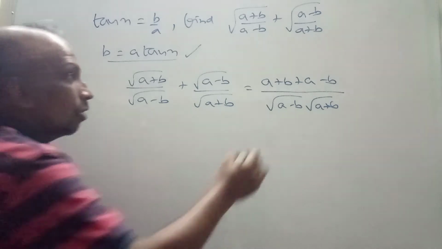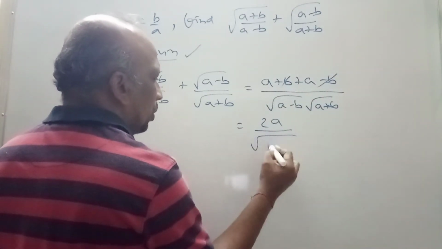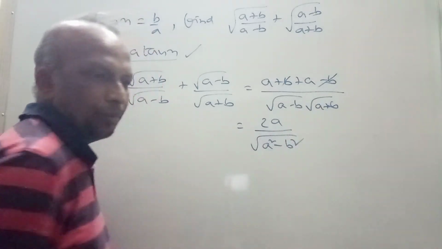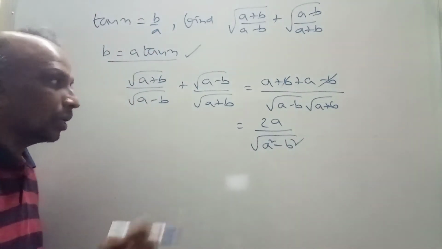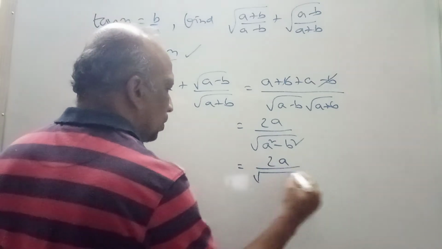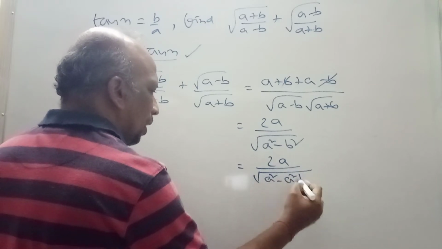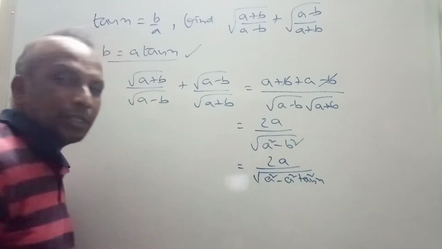Just write. Now if I simplify, you will get 2a by root of (a square minus b square). Now you can check, replace here, we know b equal to a tan x, a square minus a square tan square x I can write.